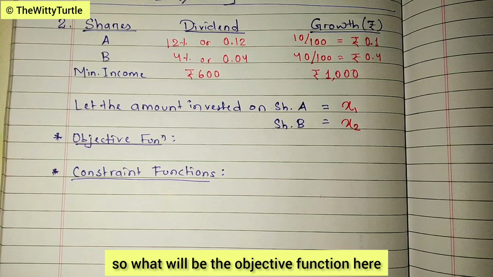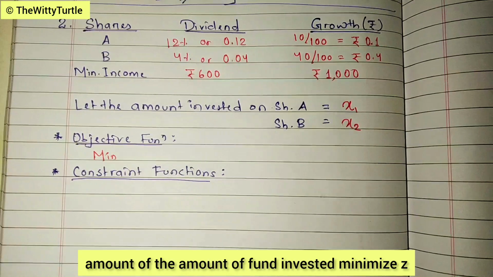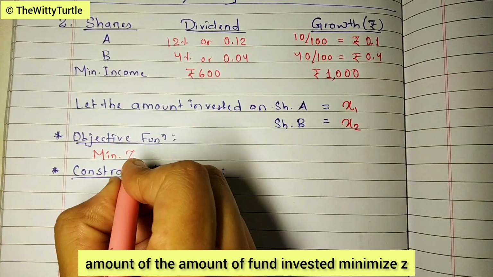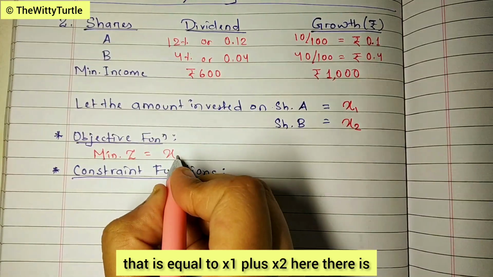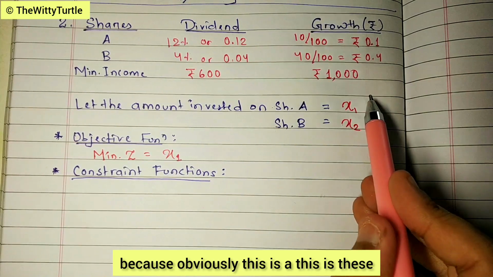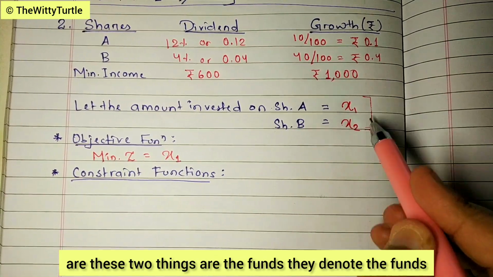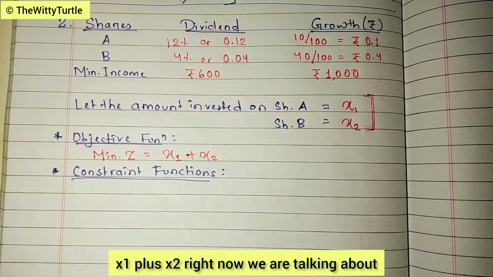So what will be the objective function here? The objective function is to minimize the amount of fund invested: minimize z = x1 + x2. There is no need of any numbers here because these two things denote the funds, x1 plus x2, right?